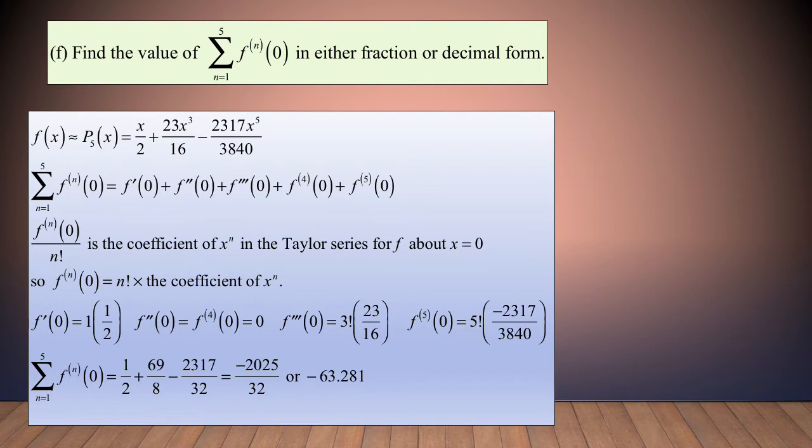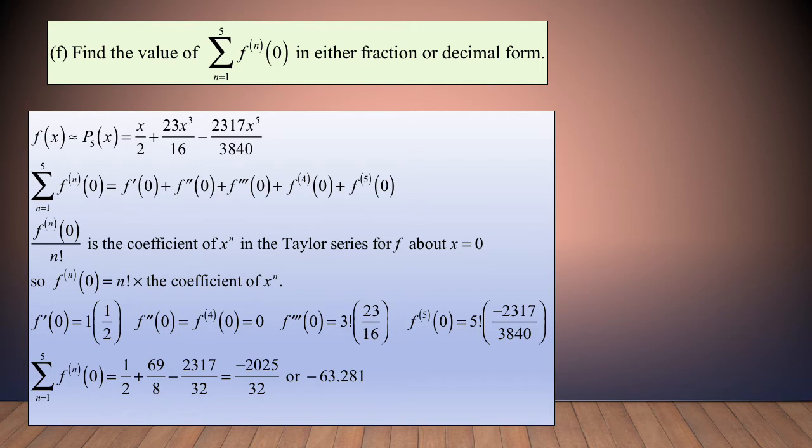Recall that the nth derivative of f at 0 over n factorial represents the coefficient of x^n in the Taylor series for f about x equals 0. So the nth derivative of f at 0 is simply n factorial times the coefficient of x^n. So f prime of 0 is 1 times 1/2.